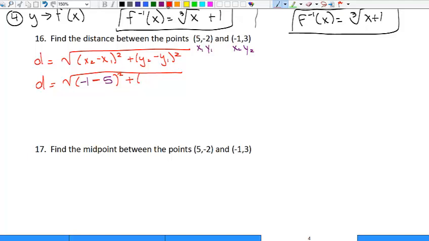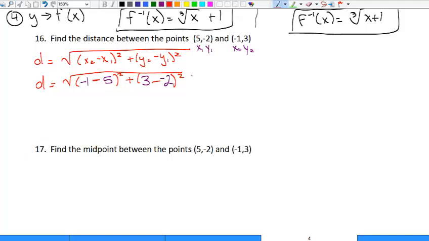Let's see, who's y2? That's 3 minus y1, and y1 happens to be -2. The minus in red comes from the formula. The -2 comes from the negative in the point. Quantity squared. Okay, so make sure that you put everything in the right spot.